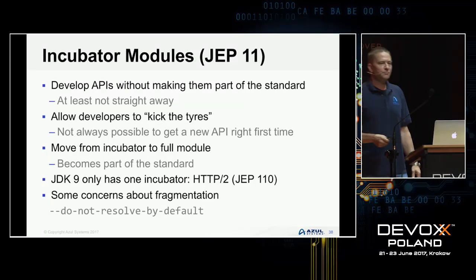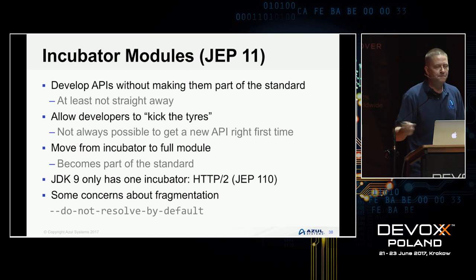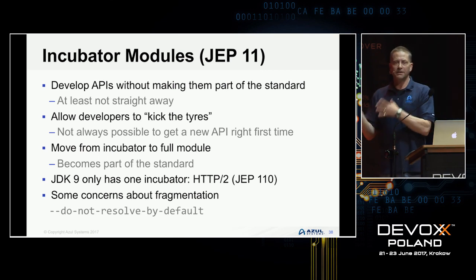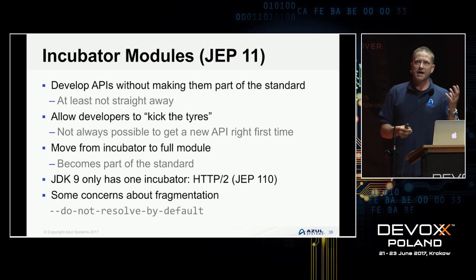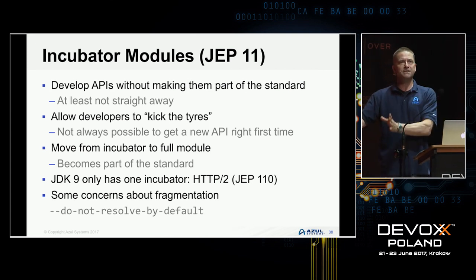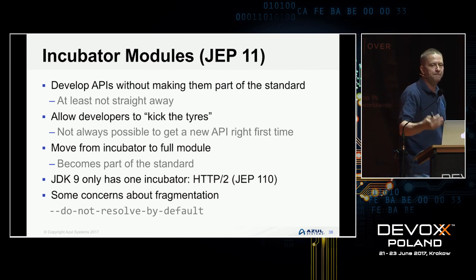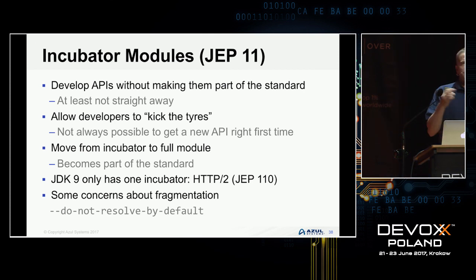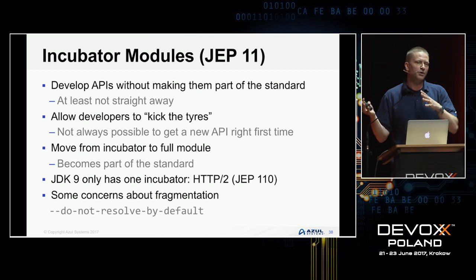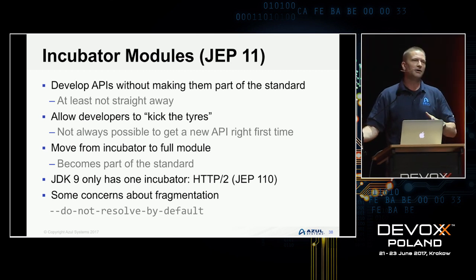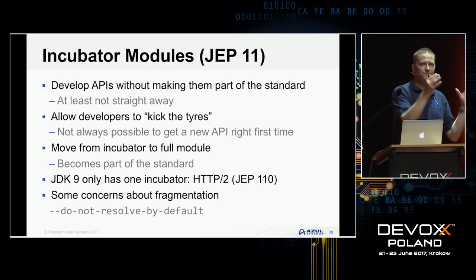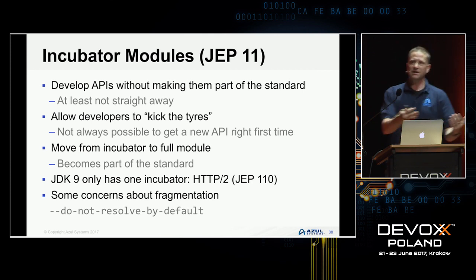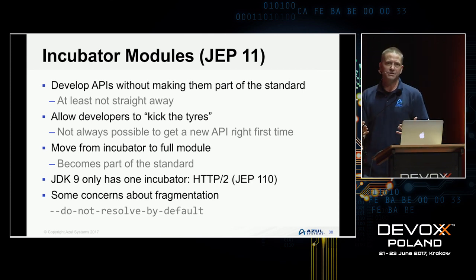One last thing to mention is incubator modules. So incubator modules have been introduced as sort of making use of the module system, but allowing things to change in a better way. The idea of this is that designing an API is very difficult. What you don't want to do is have somebody design the API, put it into the JDK, fix it in the standard, and then we discover it doesn't quite work the way people want it to.